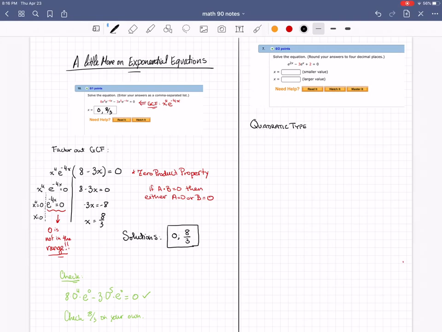Quadratic type equations are equations of the form a t squared plus b t plus c is equal to 0, where t can be anything. And you'll see a little bit more of what I mean here. But what I'm talking about is this quadratic structure, okay?